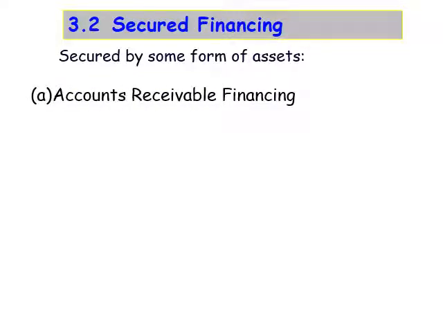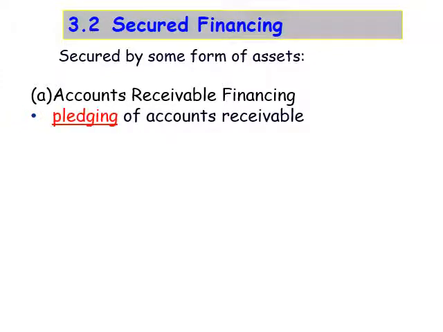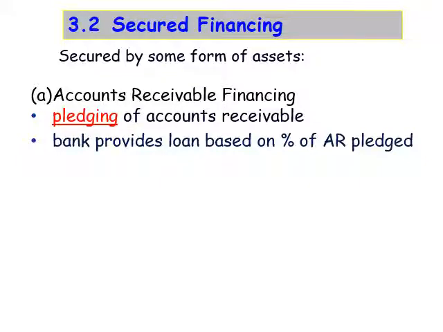Secured financing is secured by some form of assets. One is accounts receivable financing. This is pledging of accounts receivable to the bank. The bank will provide a loan based on a certain percentage of the accounts receivable pledged.